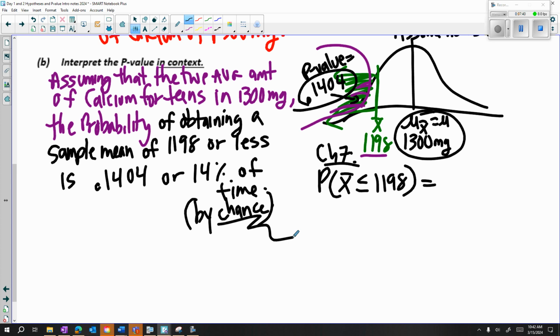So if the null hypothesis were true, and indeed most teens are getting 1300 milligrams, is it likely that this sample result occurred by chance, or did it occur because actually they're getting less than the recommended amount? So here is when you have to figure out, is your p-value statistically significant or not? Is 0.1404 statistically significant or not?